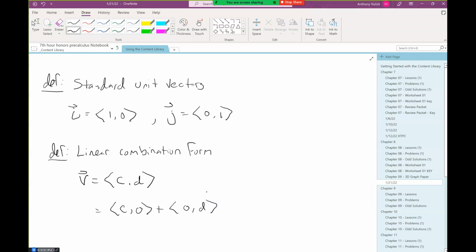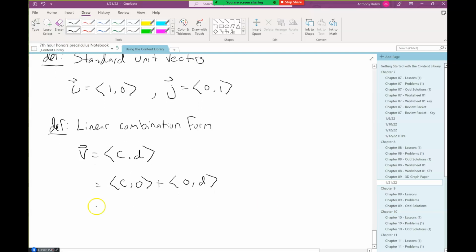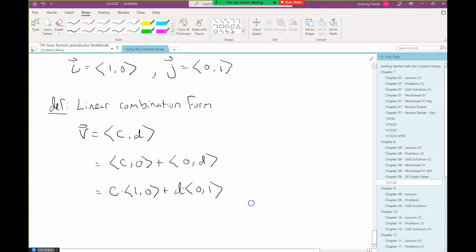Everybody good with that? That seems pretty obvious. And the vector c, 0 could just be c times the vector 1, 0. And the vector 0, d could be d times the vector 0, 1. Everybody cool with that? Seems pretty obvious. And then the vector 1, 0, that's just the vector i. And the vector 0, 1 is just that vector j.